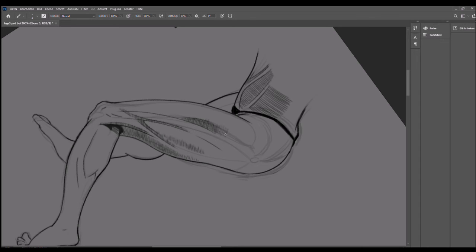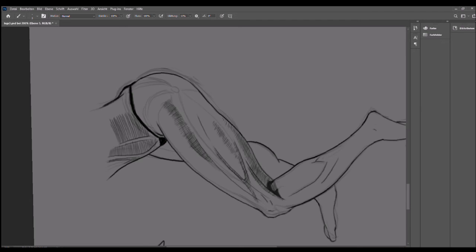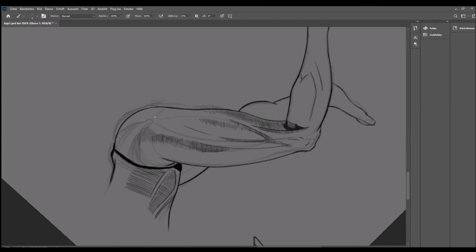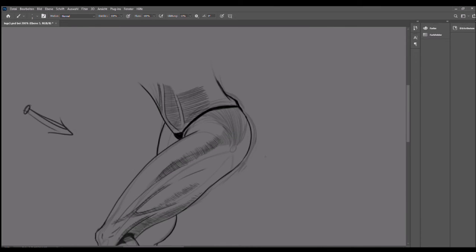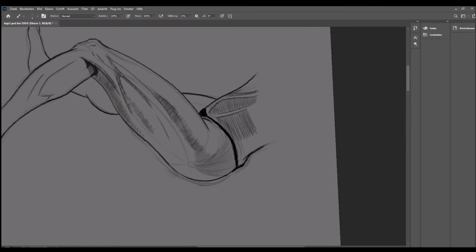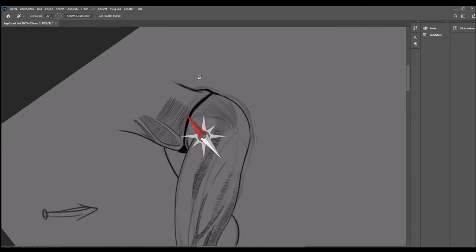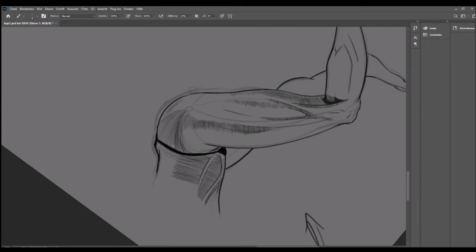So how far do you want to go with this? It of course depends on what your aims are. If you want to do comics for children, knowing every single muscle is not as important, because the figures in children's comics are way more simplified.